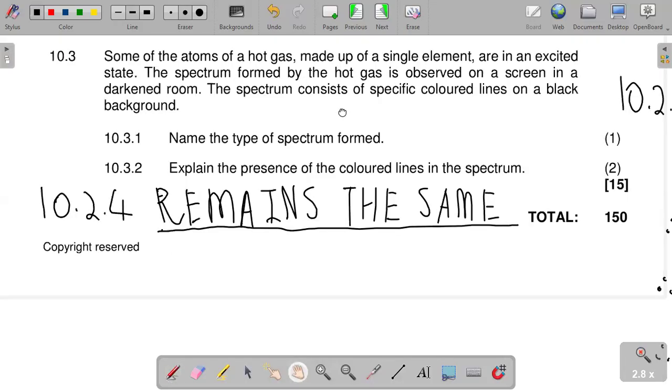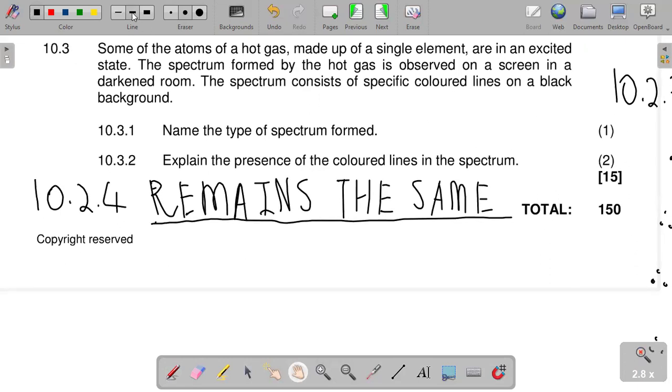And then let's go to 10.3. They say some of the atoms of a hot gas made up of a single element are in an excited state. The spectrum formed by the hot gas is observed on a screen in a darkened room.